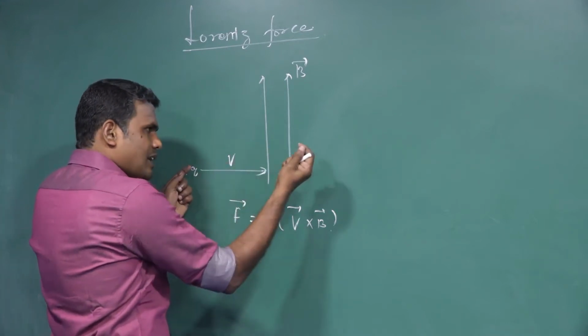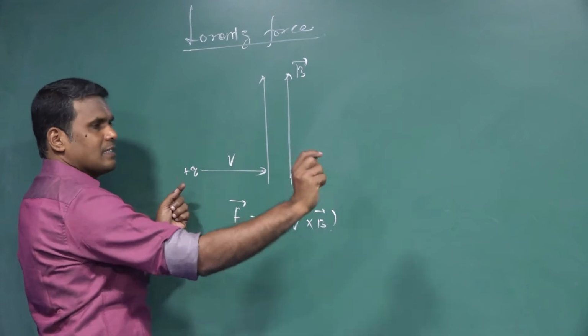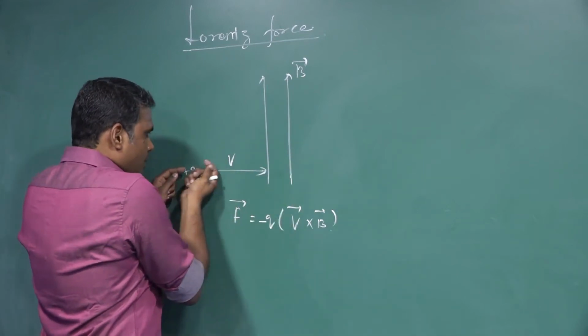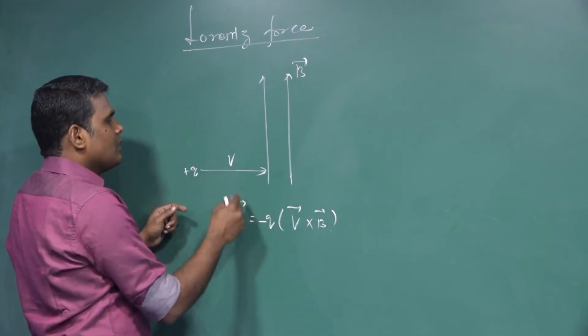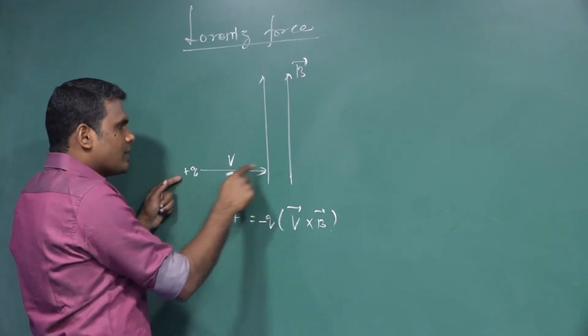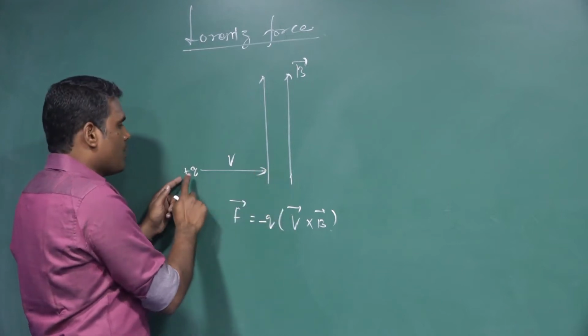The charged particle will describe a circular path like this, coming out of the plane of the board. If a negative charge is moving in the same magnetic field B vector, then what will happen?